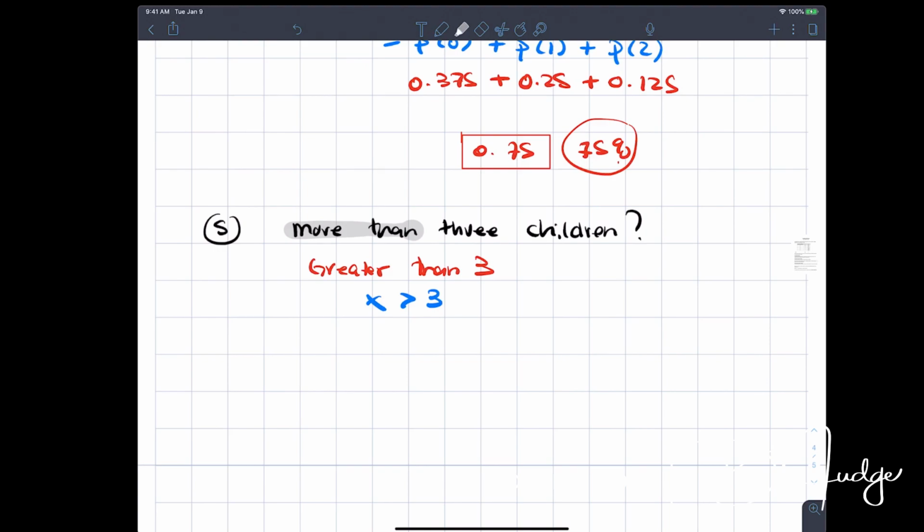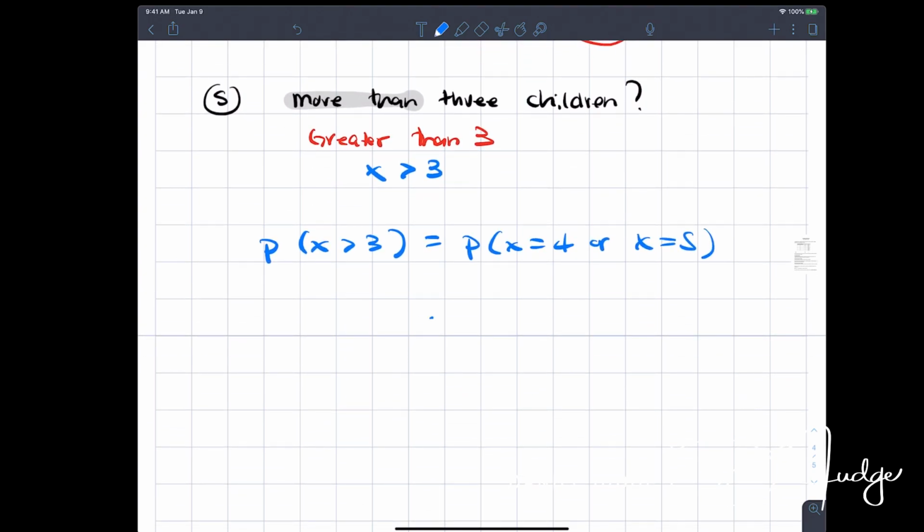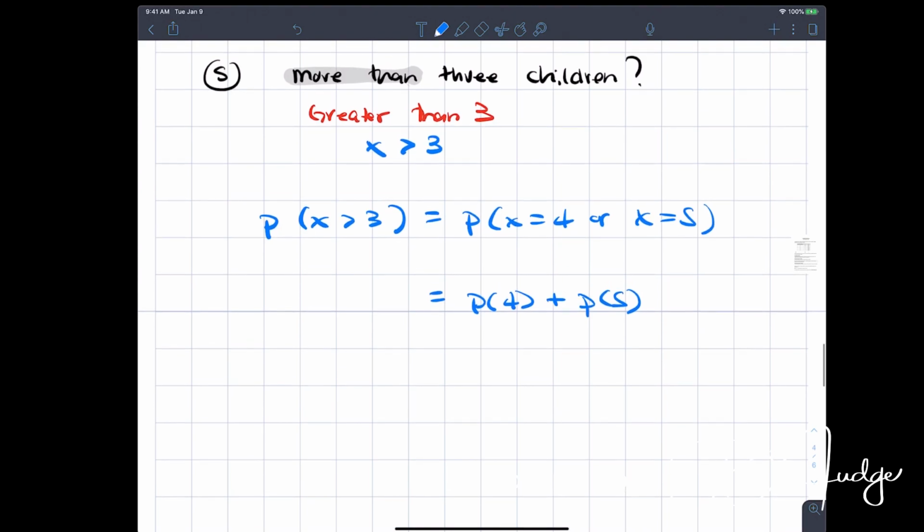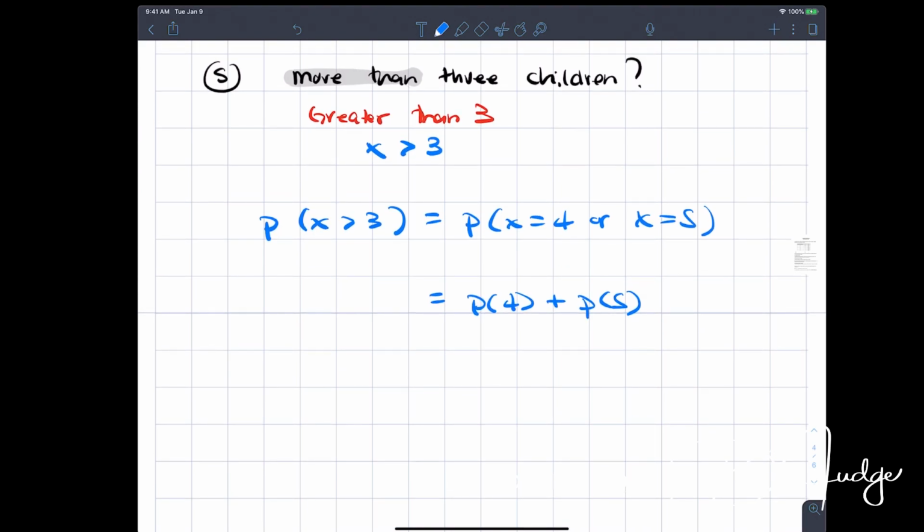Greater than 3. So here's what we do. Probability x is greater than 3 is the probability that x is 4 or x is 5. And what that means is we just simply add p of 4 plus p of 5. So go back to what you have here in your table.